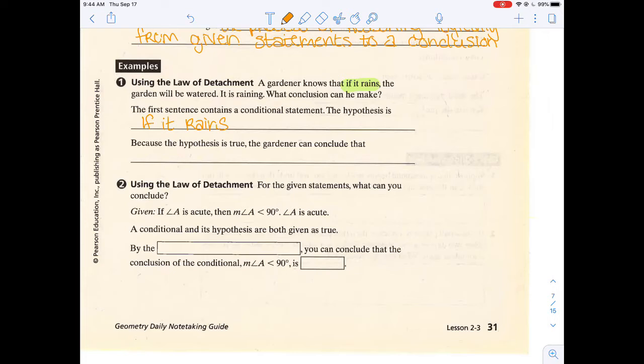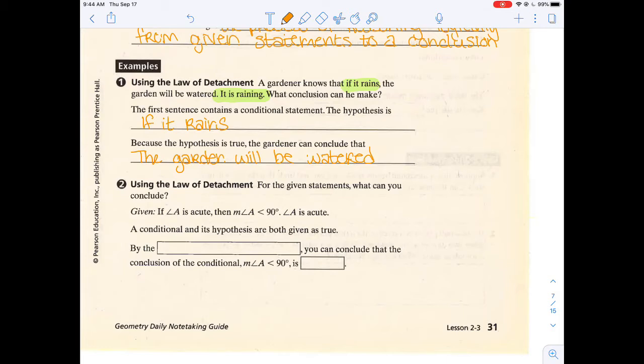Because the hypothesis is true, so right here it tells us it is raining, we know that's happening, the gardener can conclude that the garden will be watered. That's all the law of detachment is. We know if this happens, then that happens. Hey, the first thing is happening, so we know the second thing is happening also.